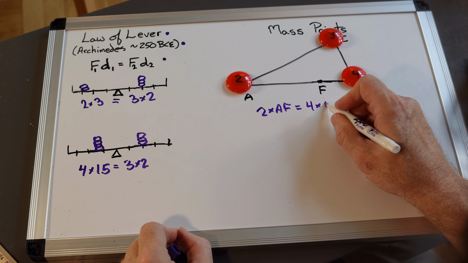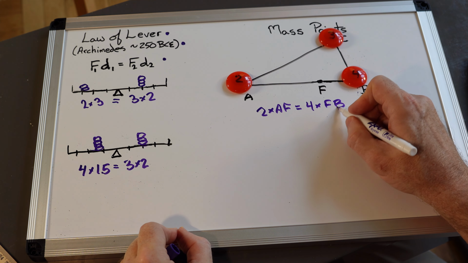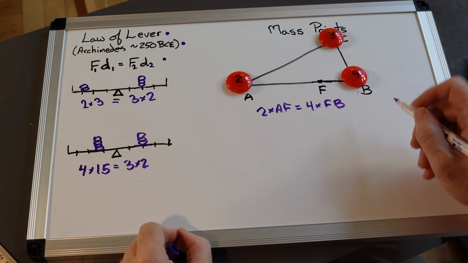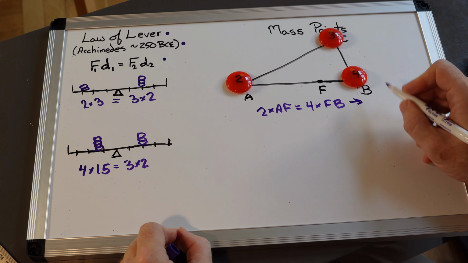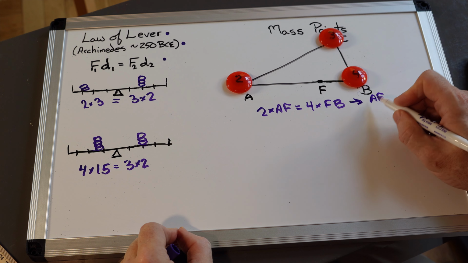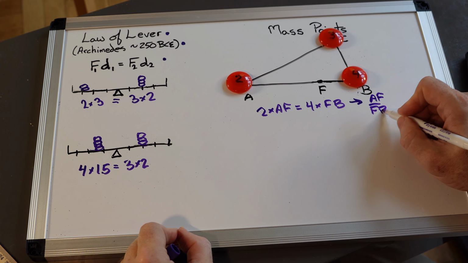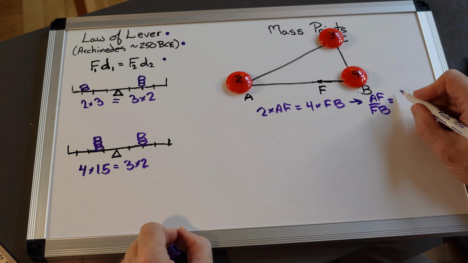And we can solve for the ratio AF over FB equals 4 over 2, or 2 to 1.